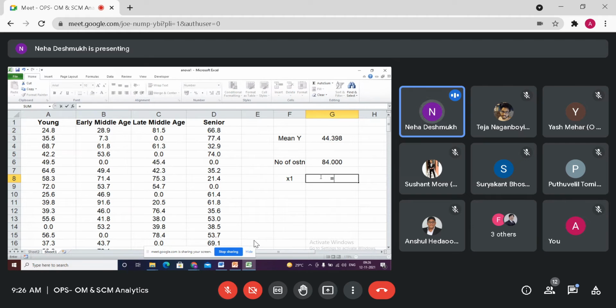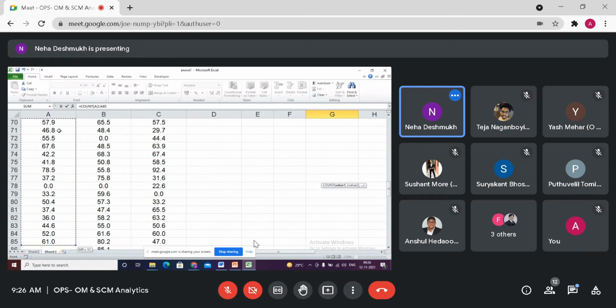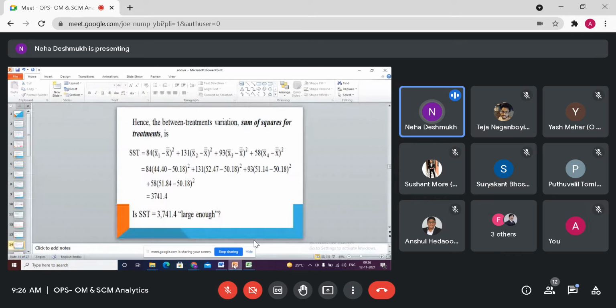Which function can I use? Ma'am, count. Count, select the data. What should be the answer as per our question, or as per our solution?